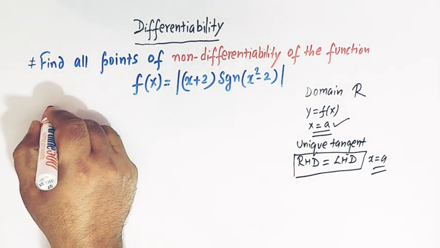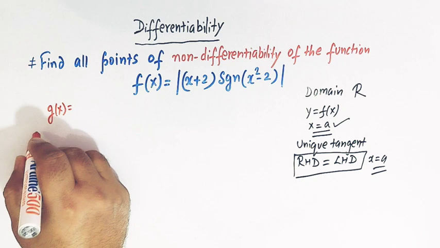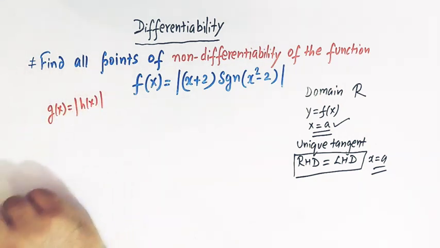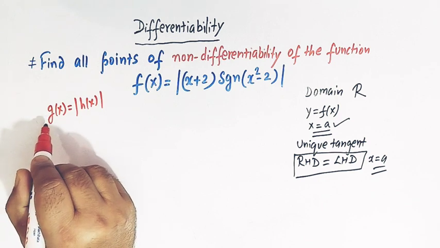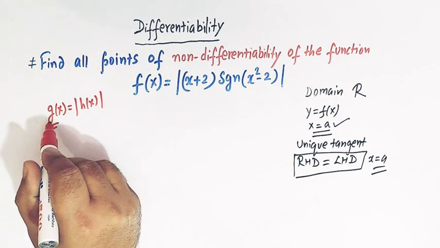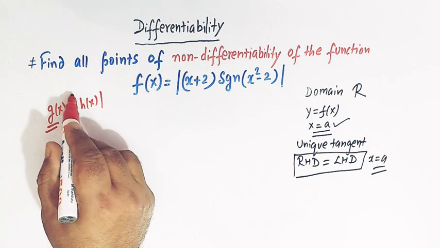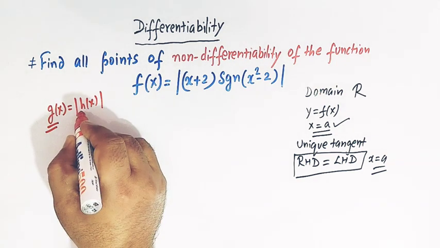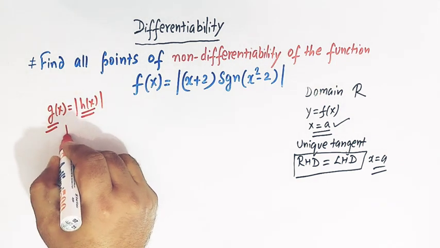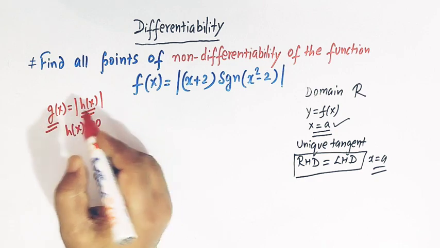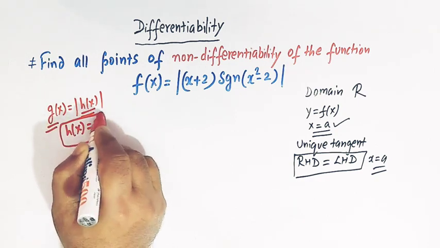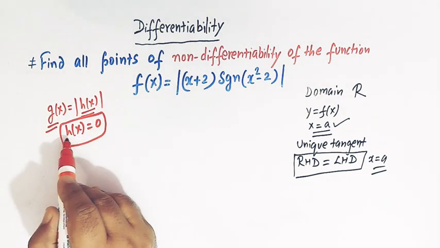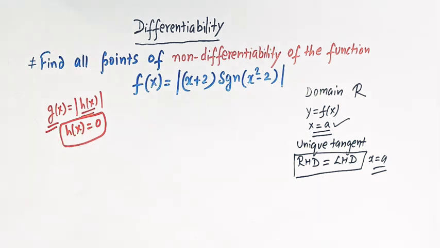Now let us consider a function g of x which is given by mod of h of x, right? So now suppose we have to find all the points of non-differentiability of this function g of x which is mod of h of x. Then to find x, what we do, we put h of x is equal to 0, right? So this function g of x is not differentiable at those x for which h of x is equal to 0, right?